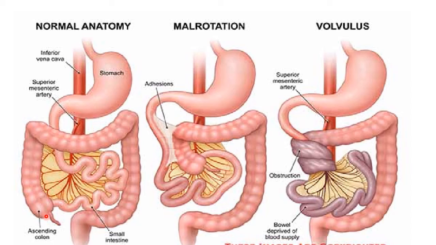Initially the cecum lies just below the liver, known as subhepatic, then it descends and grows down into the right iliac fossa.